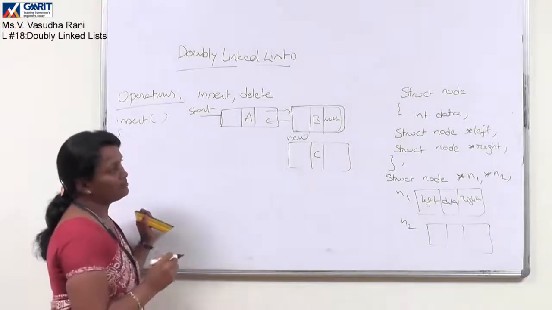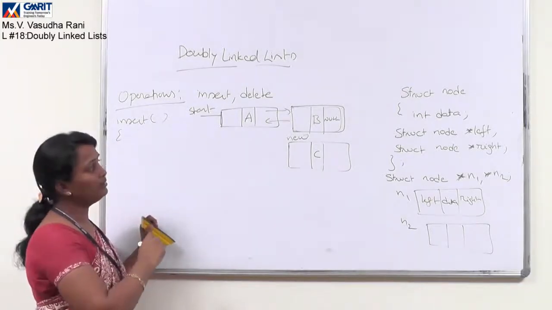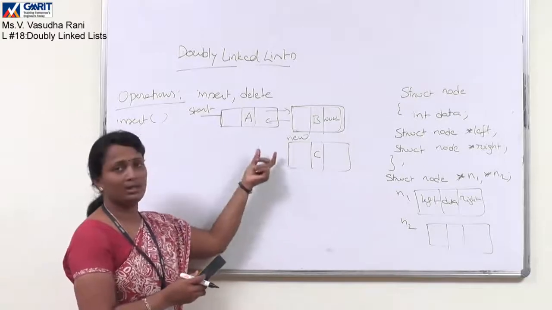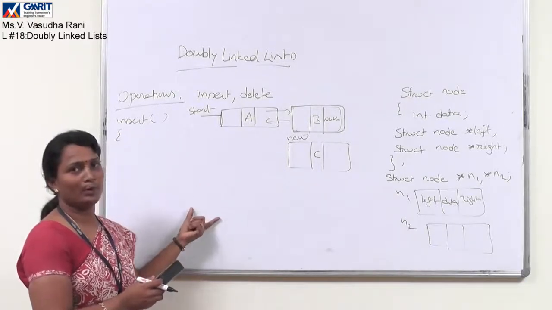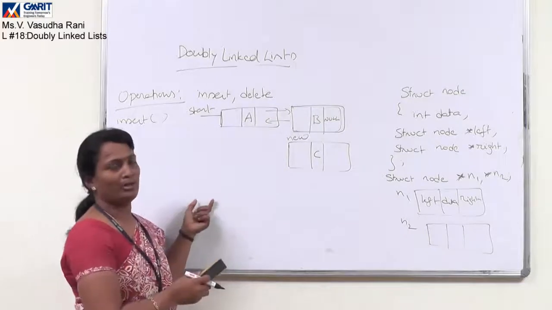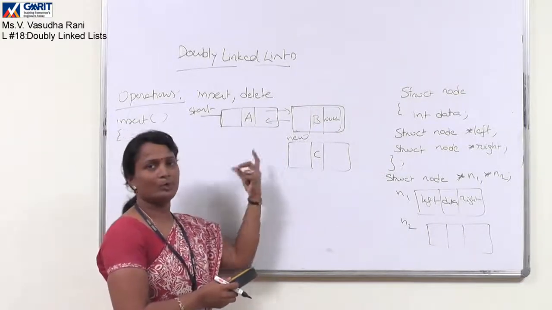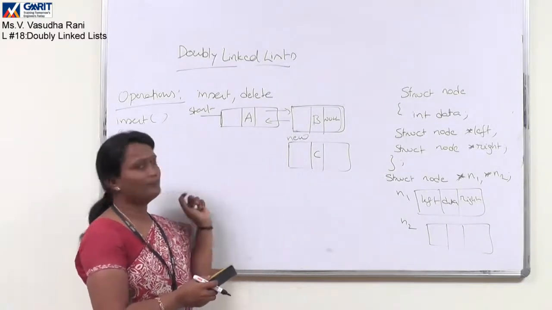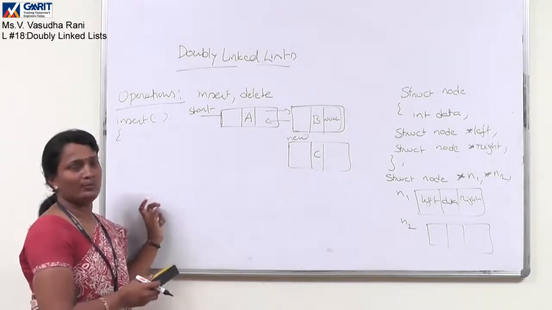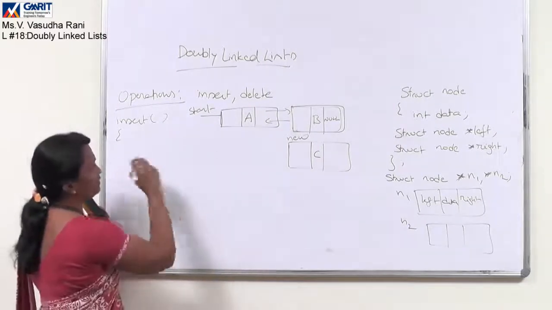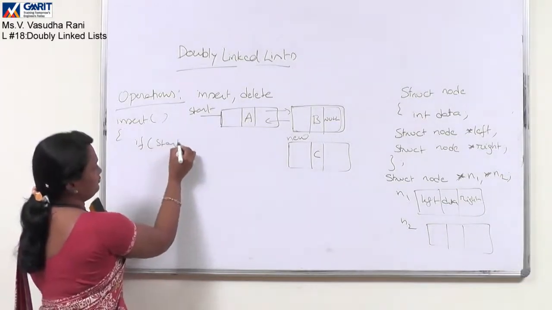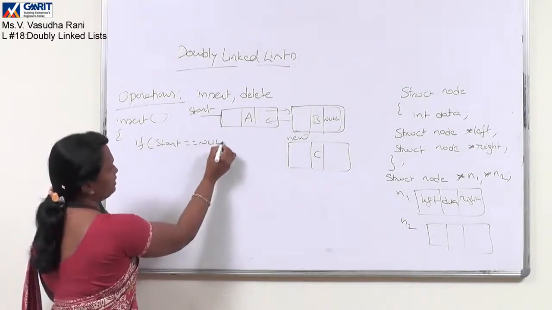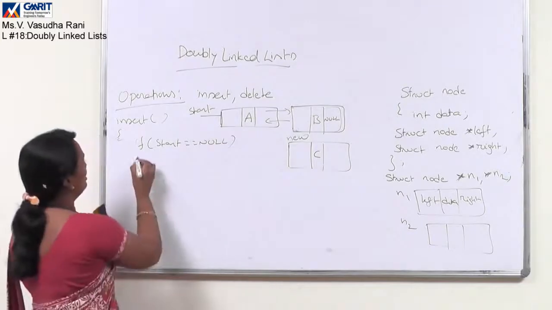Actually here the difference we find is that earlier with a singly linked list, when you are trying to insert a new node, you have to update only one pointer, that is your link pointer. But now you have to update two pointers, your left pointer and right pointer. So for the usual case, if the start pointer is null, there are no elements in the list.